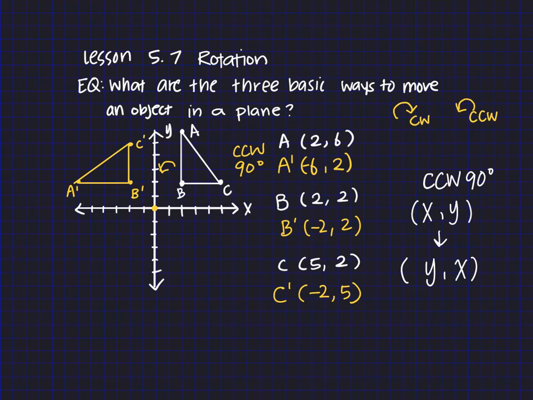So you're going to swap the numbers. And the first number is going to have a negative sign. So now you know that when you are starting your figure from the first quadrant, you're going to have this rule to follow.